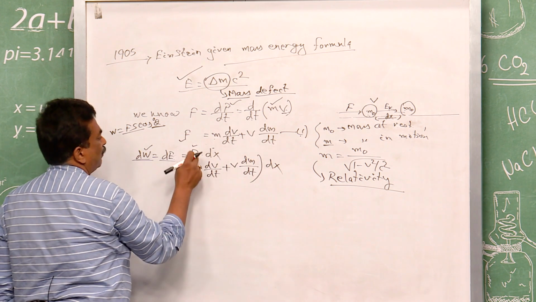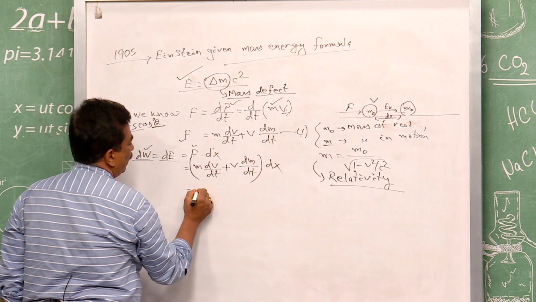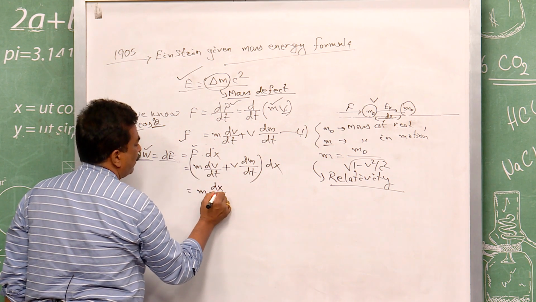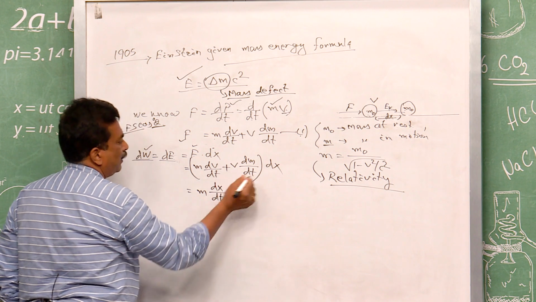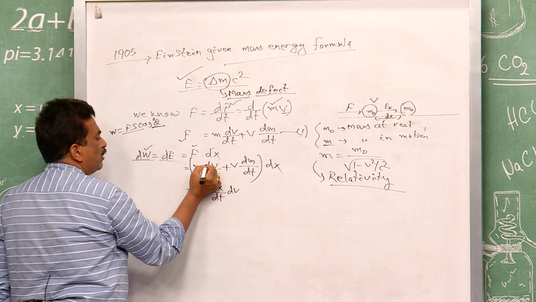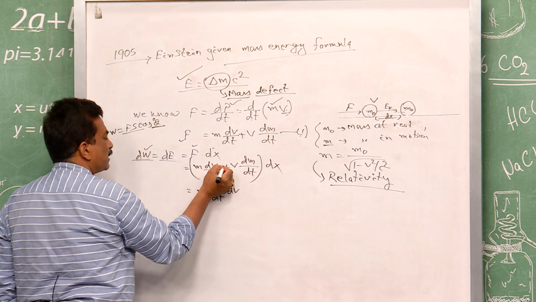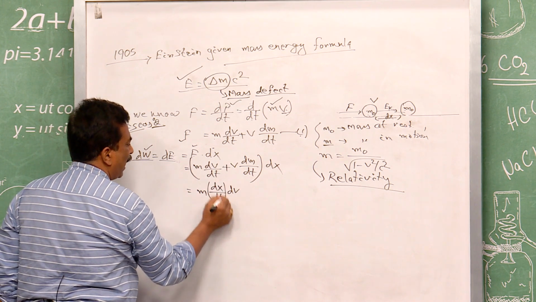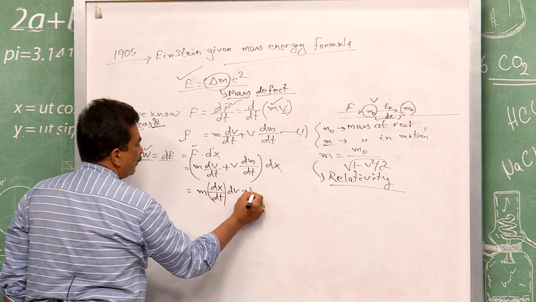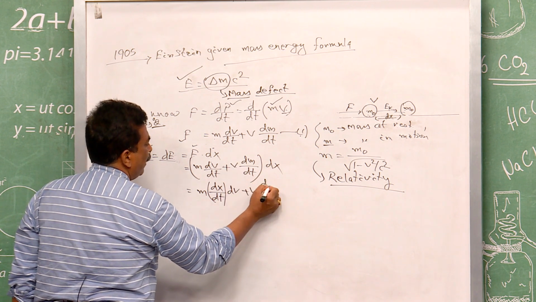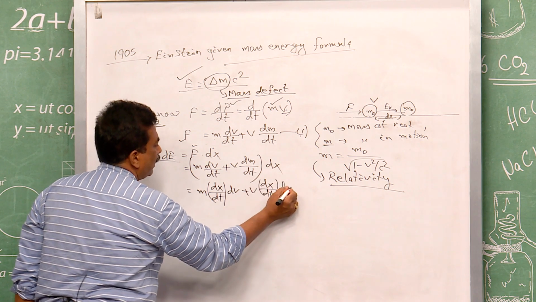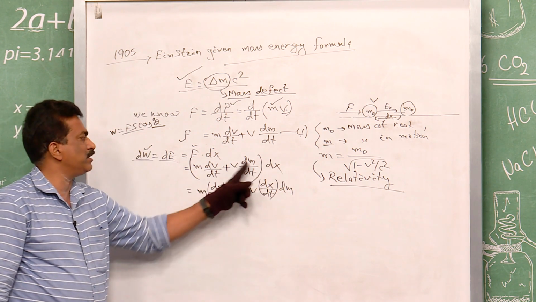Now, put that value of F here, and if we rearrange, this will be m (dx/dt) dv. This dx is multiplied, so this is dv into dx; dx/dt I have taken into one part, and dv will remain as such. Similarly, v (dx/dt) dm, this dx is multiplied.